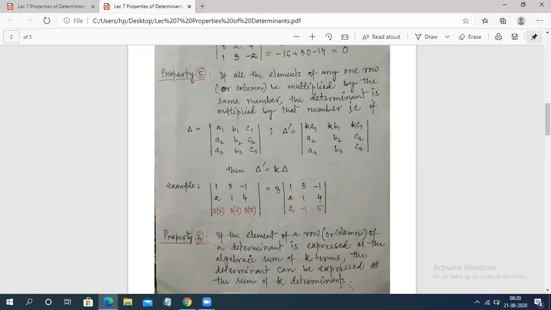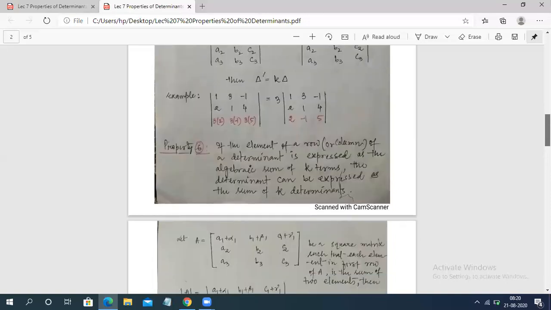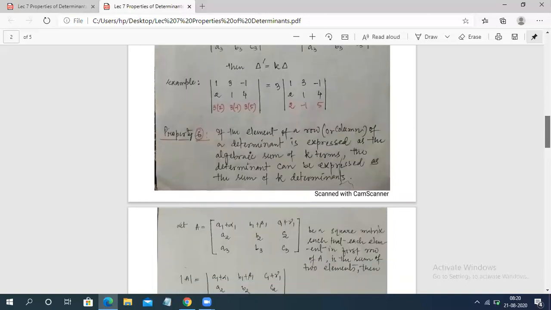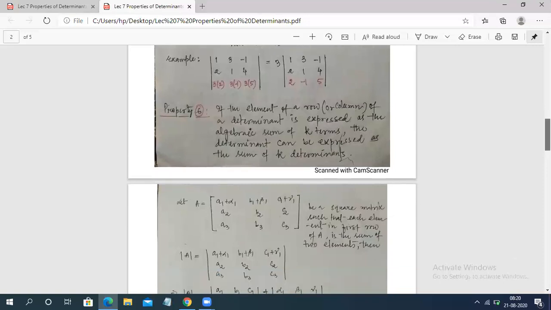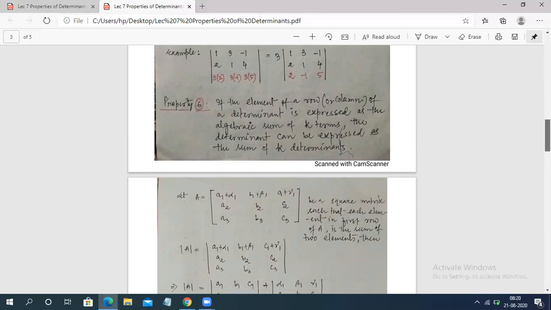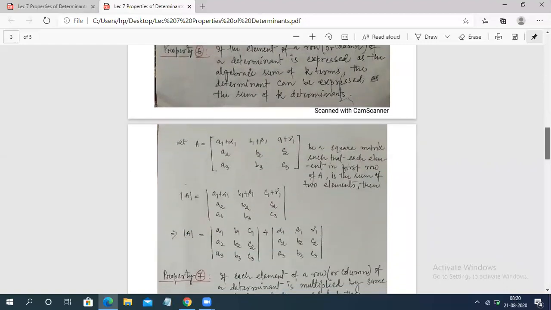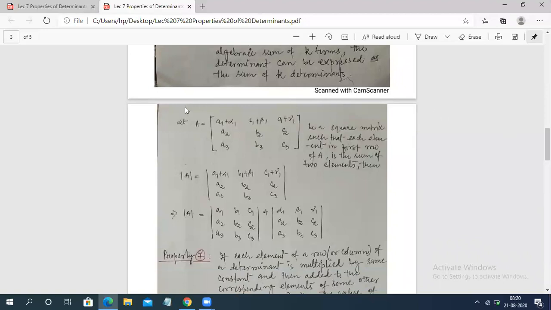So next property is property 6. If the element of a row or column of a determinant is expressed as the algebraic sum of k terms, the determinant can be expressed as the sum of k determinants. It means, suppose we have this matrix.